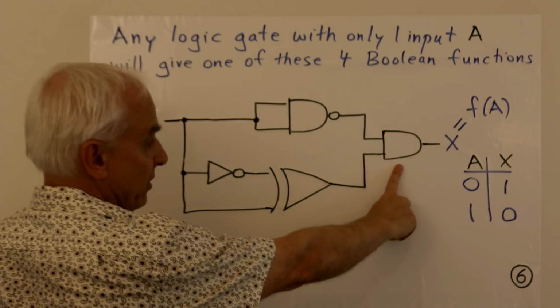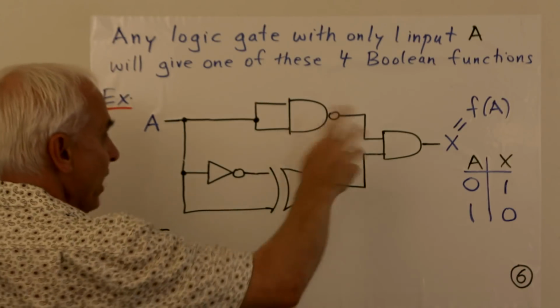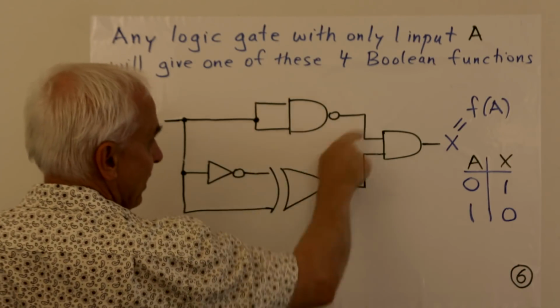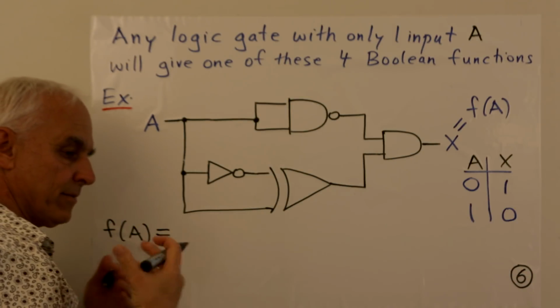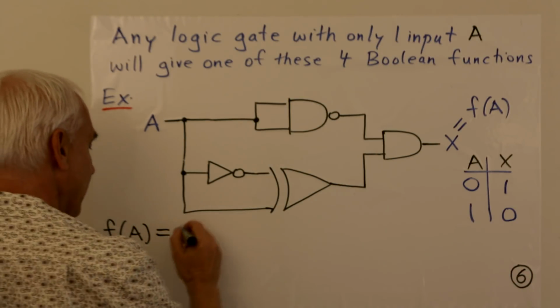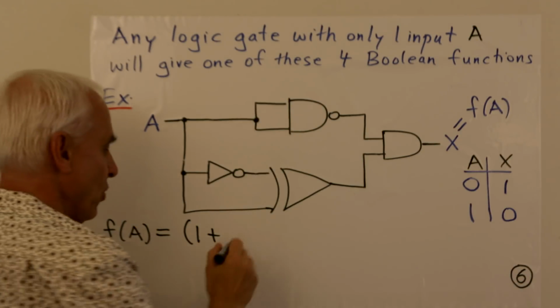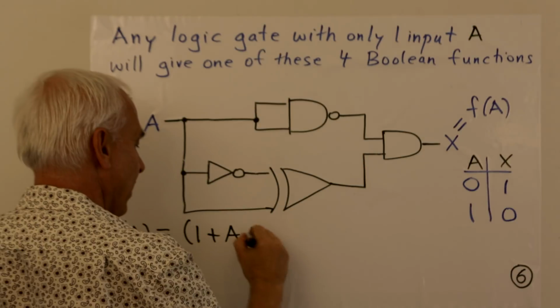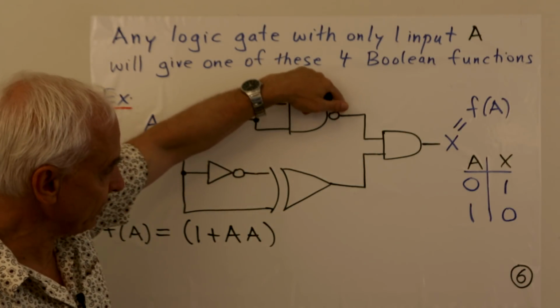There's an AND here. AND is like multiplication. And what are we ANDing? Well, we're ANDing this thing here. This is a NAND. What is a NAND in the Algebra of Boole? It's 1 plus the product. So 1 plus A times A. That is the effect of this NAND gate.